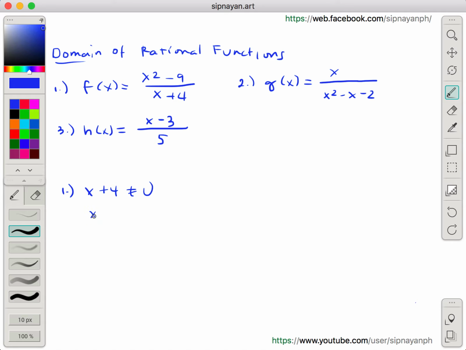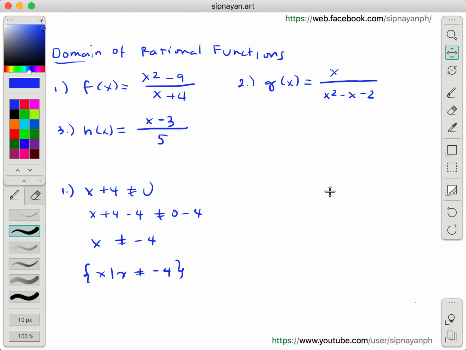And which means that x plus 4 minus 4 is not equal to 0 minus 4. Nag-subtract lang ako ng 4 from both sides, meaning x must not equal to negative 4. So the domain in set notation is that x such that x is not equal to negative 4. So usually yung domain, ganito yung ating siniset notation natin siya.